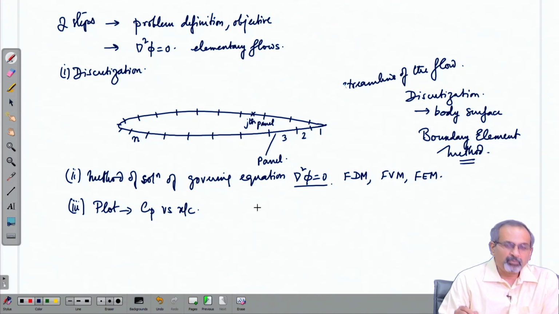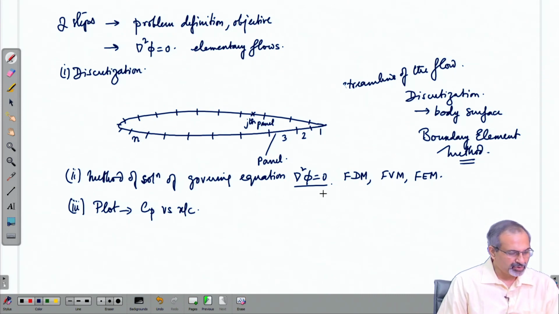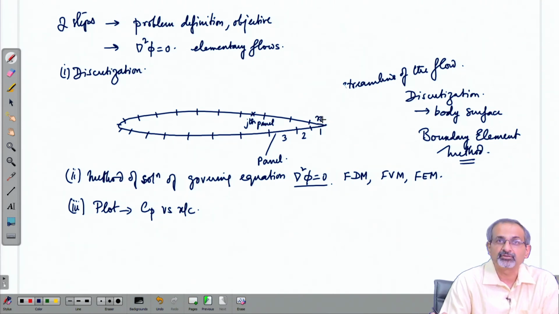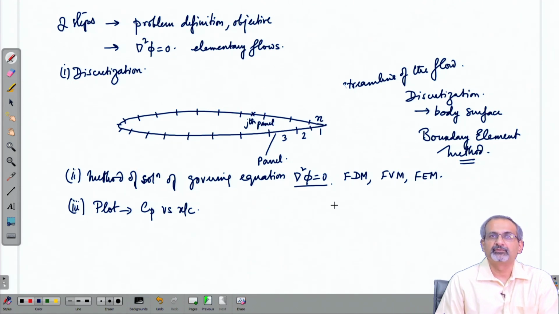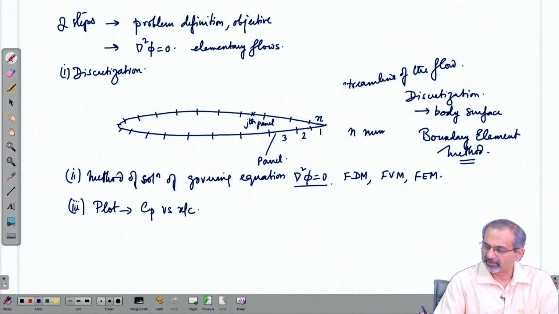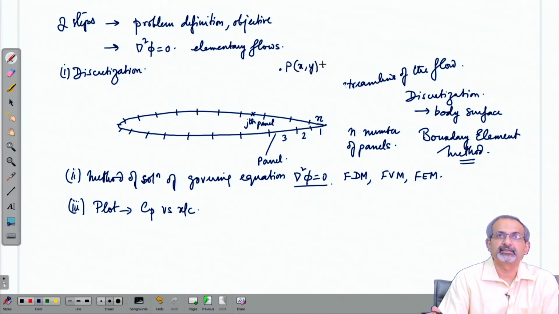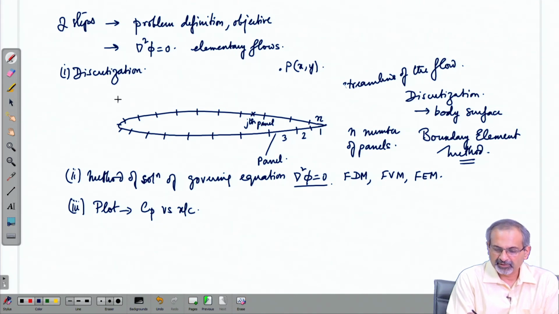And you have a total number of panels which you have discretized the body into, and you could also use that as n. So, let us not call this n, but rather the total number of panels as n. So, this will be the last panel which we look at. So, there could be n number of panels, and then we take a point P in the flow field. Let us say its coordinates are x y. We can comfortably set the origin of the coordinate system here.